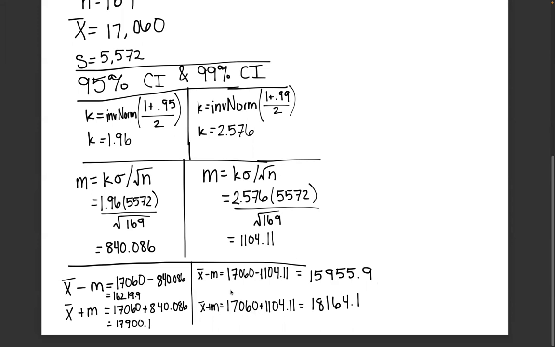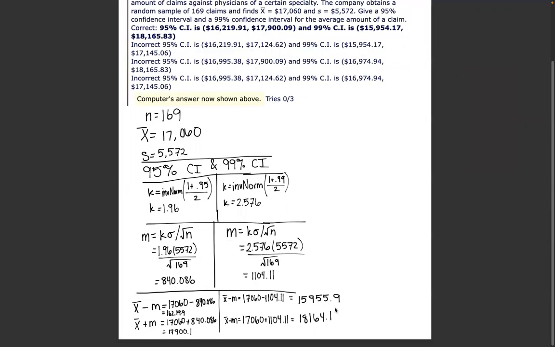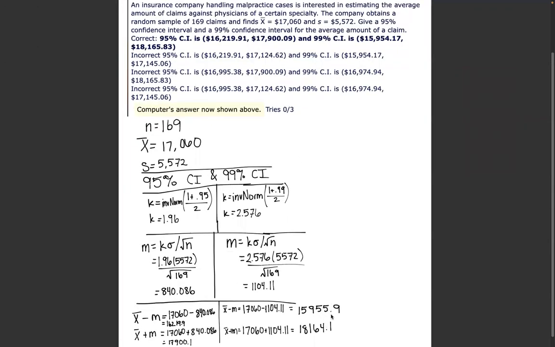And then we would do X bar plus M, which gives us 18,164.1. And like I said, my calculator rounds, but it gave the closest answer to the correct answer, which is 15,954.7 to 18,165.83.